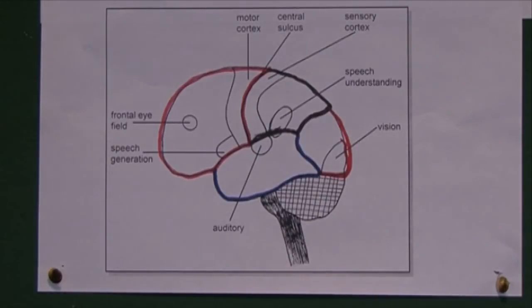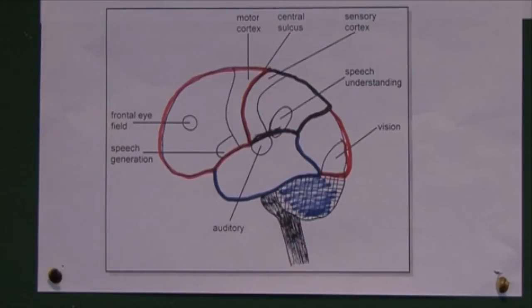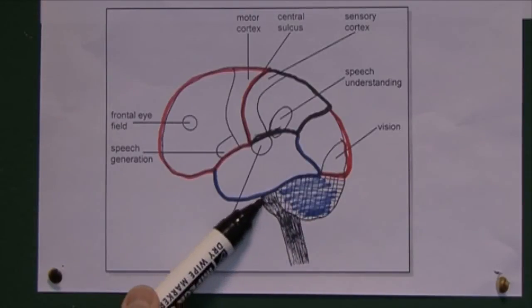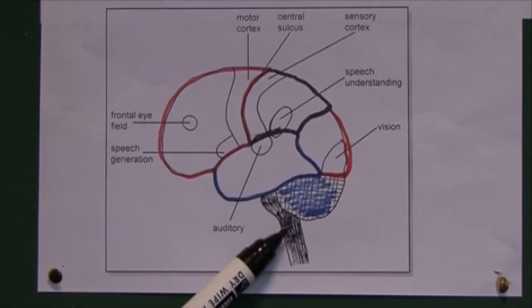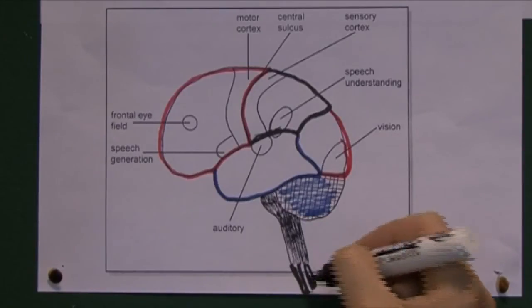We can also notice on this diagram the area of the cerebellum, the area of the brain stem, the midbrain, pons and medulla oblongata, and of course the spinal cord is continuous with the medulla oblongata.